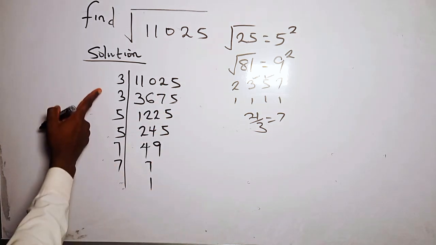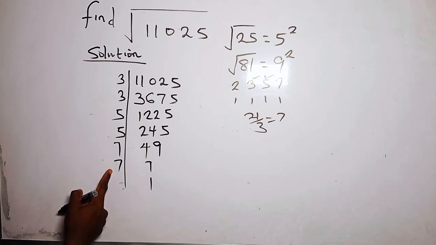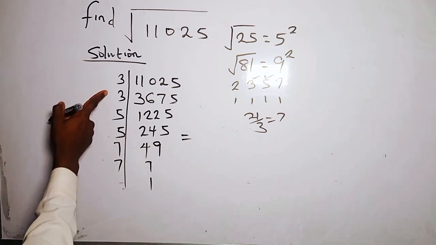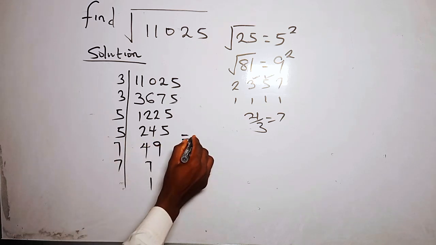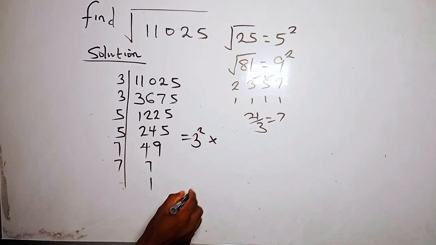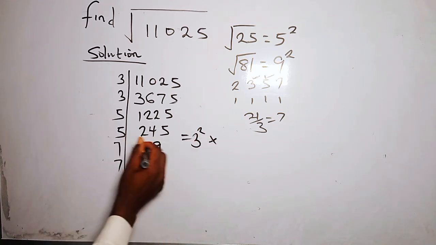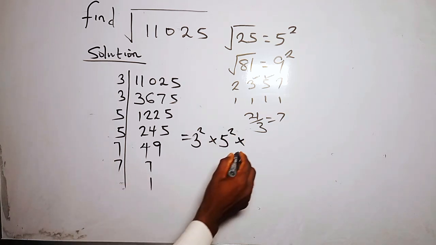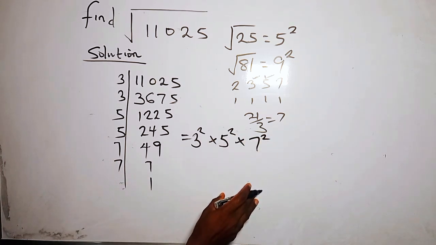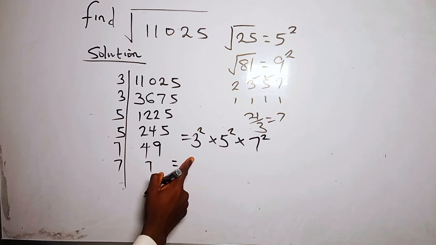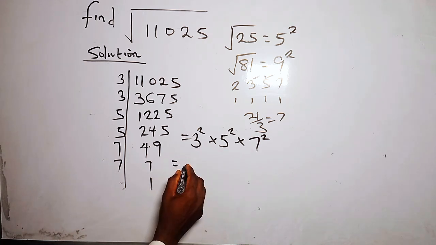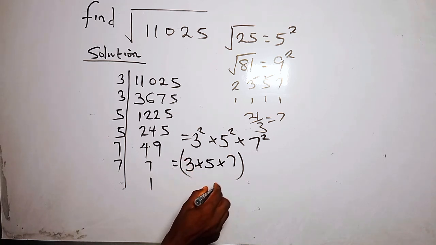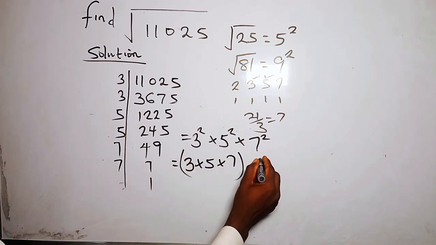So the next thing for us is to put these prime factors together. So what do we do? When we look at 3, it appears twice. So we have 3 squared times 5 squared times 7 squared.